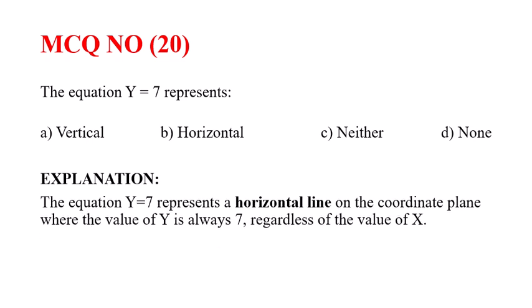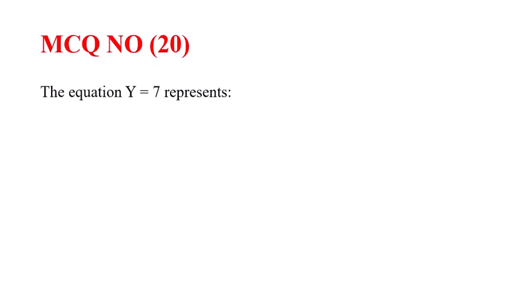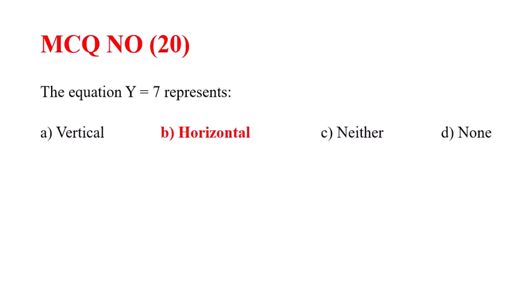Explanation: the equation y is equal to 7 represents a horizontal line on the coordinate plane, where the value of y is always 7 regardless of the values of x. So the final answer is horizontal line. For MCQ number 20, the correct option is B, horizontal.